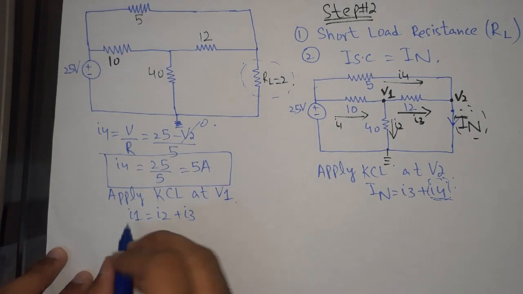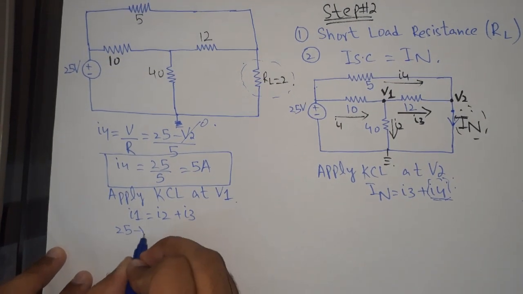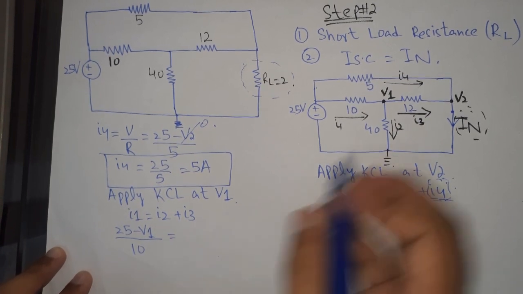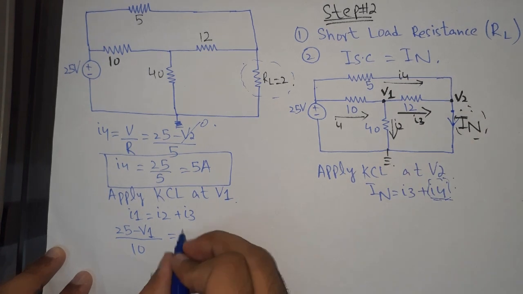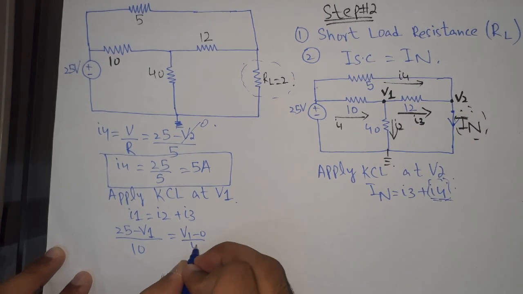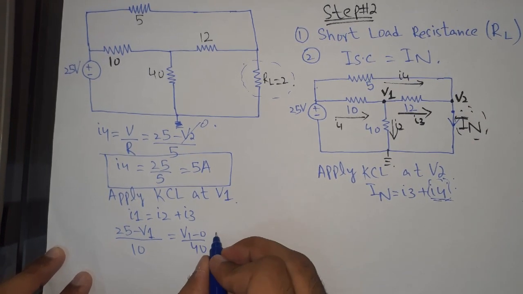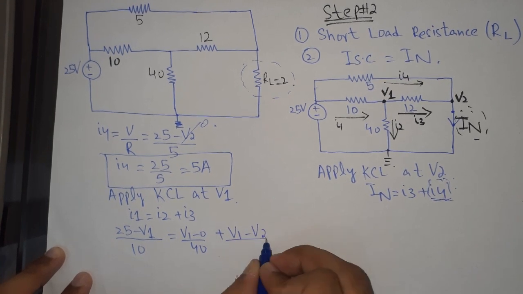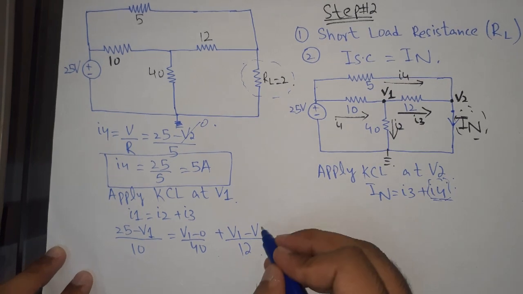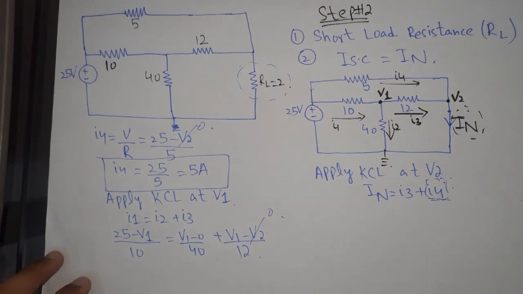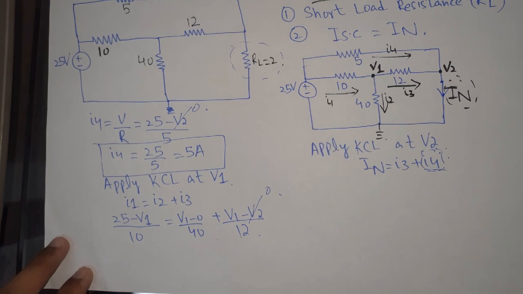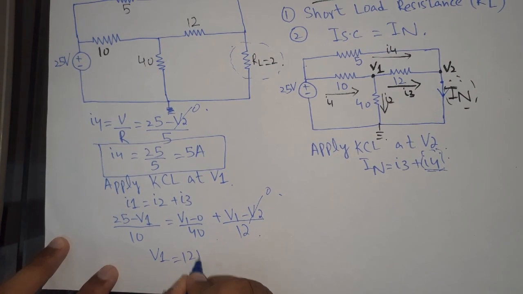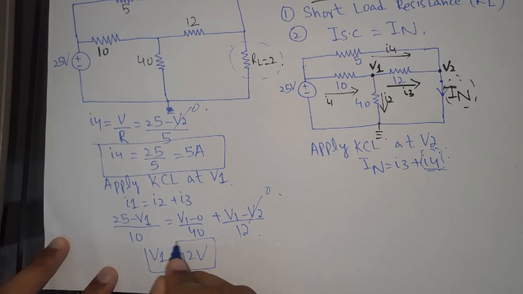Here I1 is 25 minus V1 divided by 10, I2 is V1 minus 0 divided by 40, and I3 is V1 minus V2 divided by 12. Here V2 is 0. So I simplify this circuit, and now my V1 value is 12 volts.